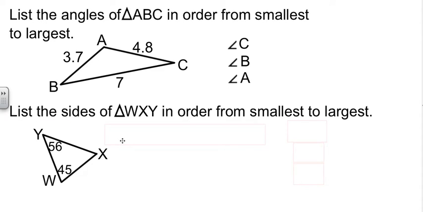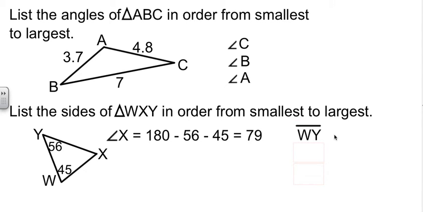Okay. Angle X is 180 minus those two angles that we already know. So angle X is 79. Now that we know that, which angle is the smallest? 45 is the smallest angle. Which side is across from that angle?